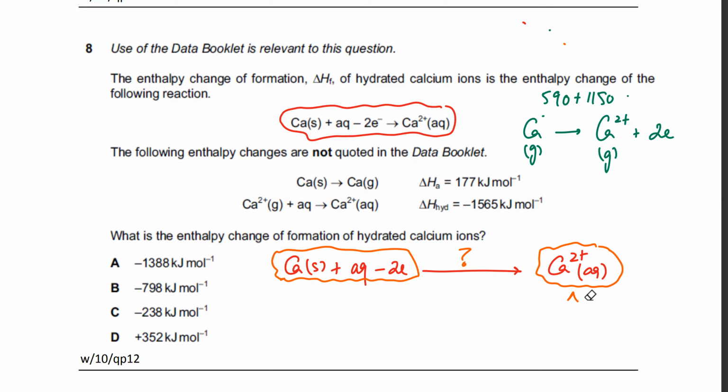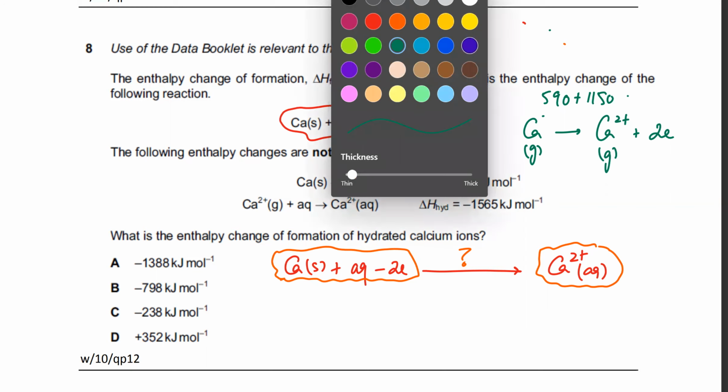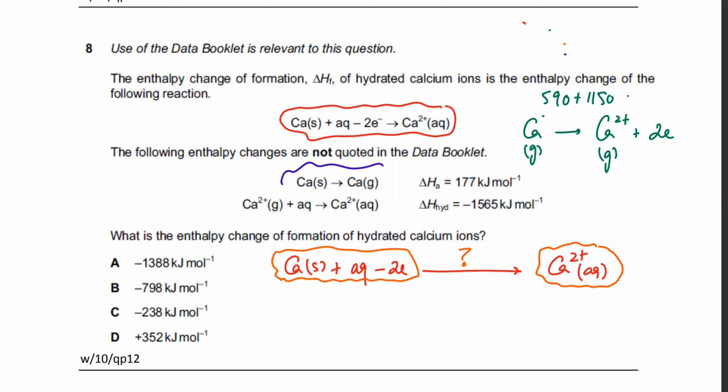So the first thing is I'm going to take reaction number one. Let's focus on reaction number one. Calcium solid turning into calcium gas. I know the enthalpy change. So I see calcium solid over here. What I'm going to do is turn it into calcium gas, leaving everything else the same.